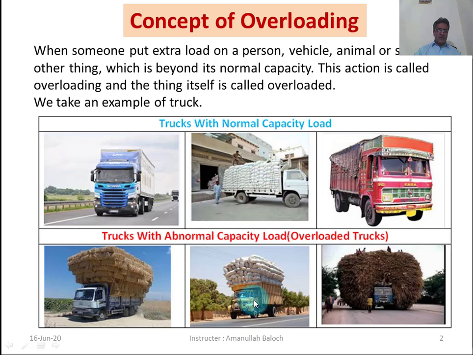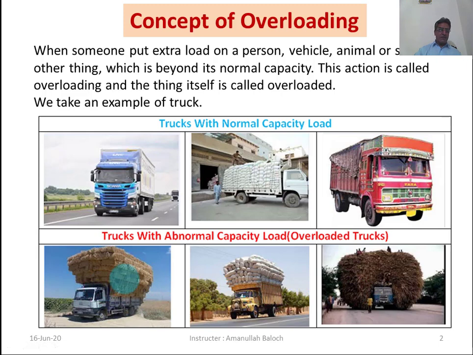But in one go, the truck is carrying the total load and supplying the items from source to destination. Actually, this is the concept of overloading, and these trucks are called overloaded trucks. This action is called overloading, and this truck is overloaded.